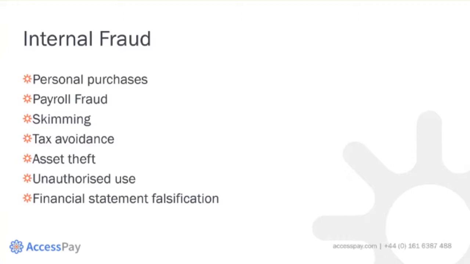Payroll fraud, this can be creating ghost employees or falsifying timesheets. Skimming, where funds are intercepted before they can be recorded on accounting software. Things such as tax avoidance, asset theft, and unauthorized use, for example, driving a company car for personal use, which would depreciate its value. Financial statement falsification, where you accelerate the recognition of revenues and delay the recognition of expenses.